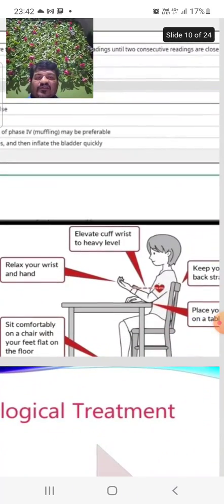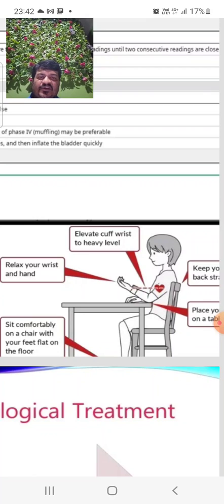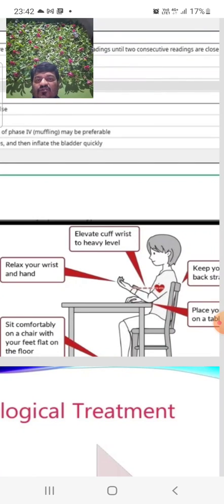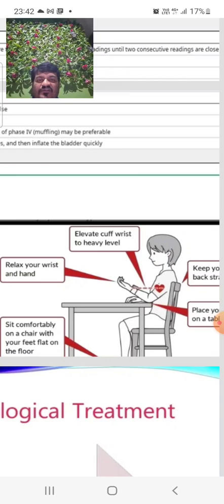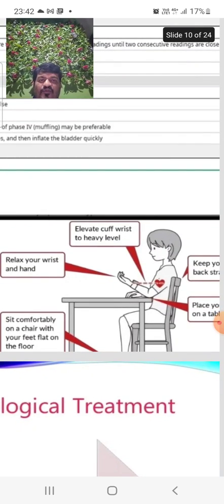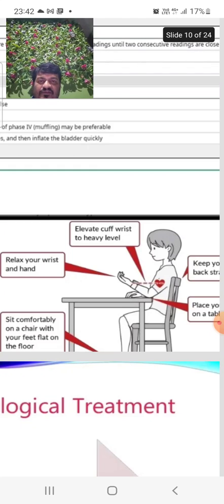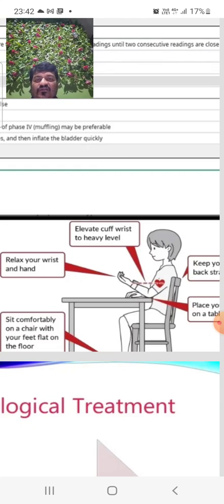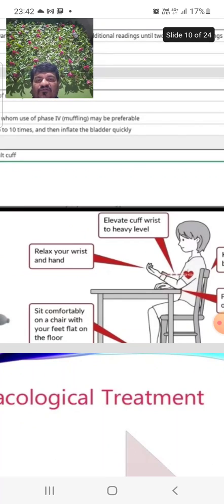लाइक एलिवेट आप इसमें देखें कि इस तरह से ब्लड प्रेशर का क्या सिग्निफिकेंस हो रहा है. So elevate the cuff wrist to heart level, keep your back straight, relax your wrist and hand, sit comfortably on a chair with your feet flat on the floor.